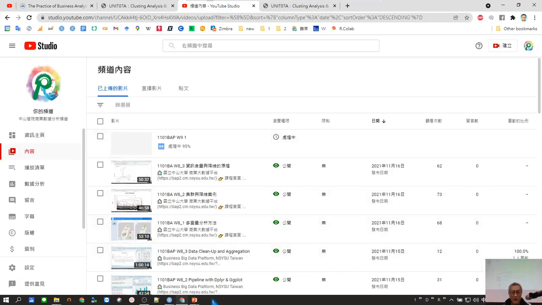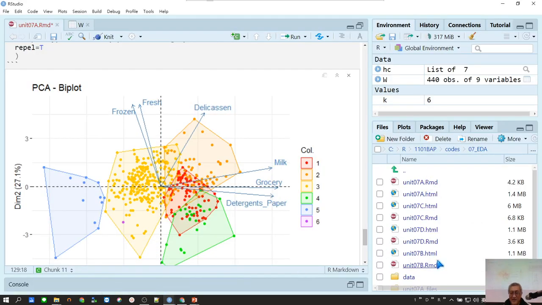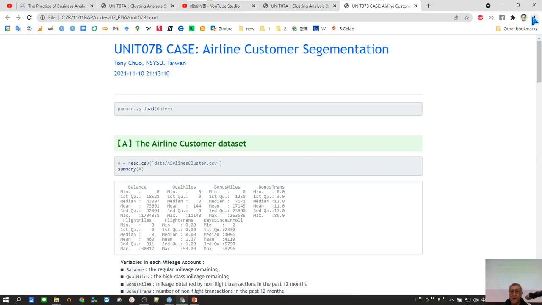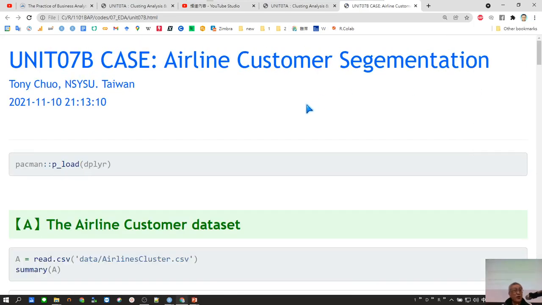Now let's get into our second notebook. Now the second notebook is actually more interesting than the first one.